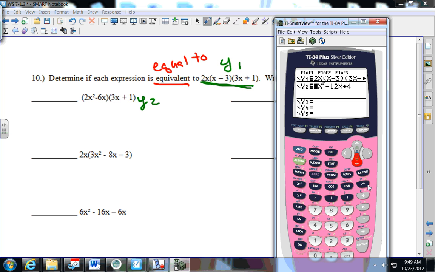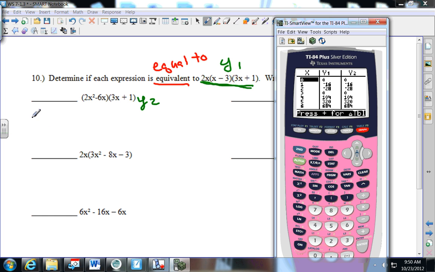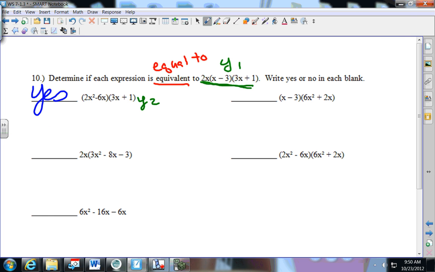And in y2, I'm going to put the first one that I'm trying to see if it's the same as, 2x squared minus 6x times 3x plus 1. Now, how am I going to know if it's equivalent? When y1 and y2 are the same. So if I look here, are these two columns the same numbers? Yes, they are. So this is equivalent. So you would write yes on this blank. Take a minute and do these next 4 and see if they are equivalent.